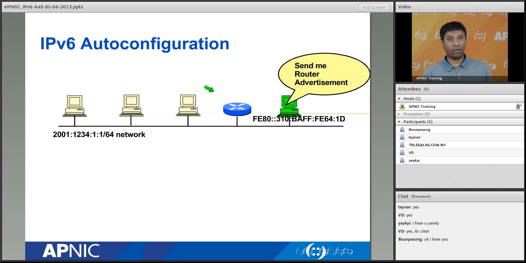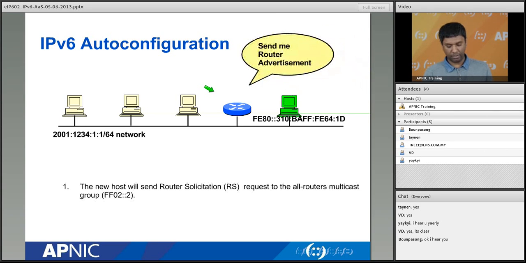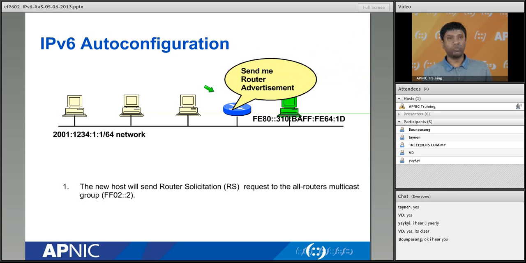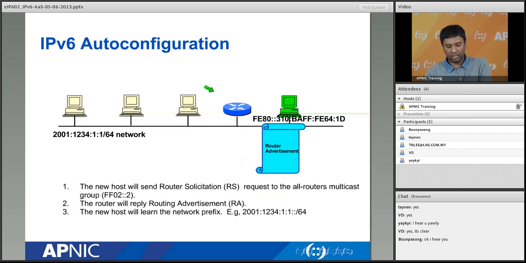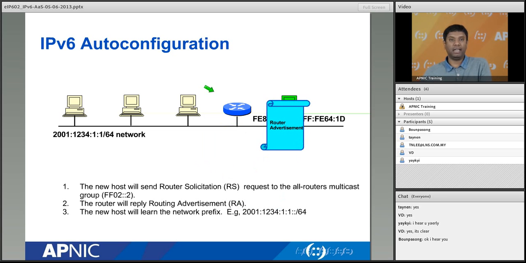If there are no routers, no reply comes, fair enough, the machine will have only the link local. So the machine will send, at the second stage, a router solicitation message and wait for a router advertisement message. So when the router advertisement message comes, that message can carry the global prefix, default gateway, and also some others.